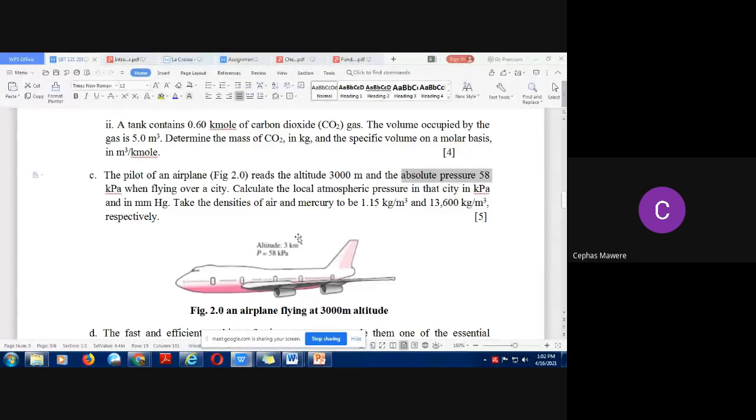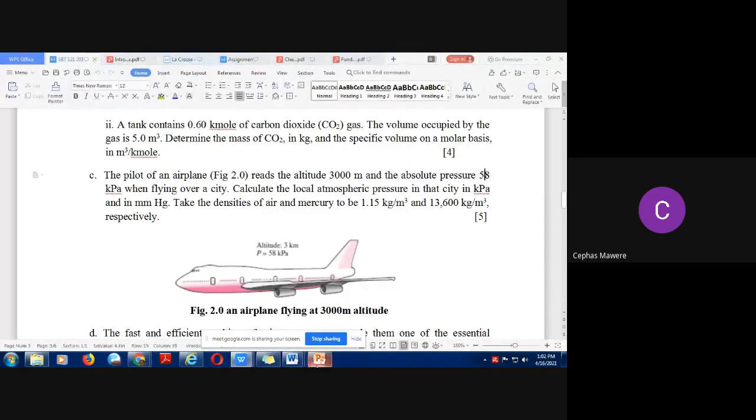So in this case, you are told that the pilot is taking a reading at 3,000 meters altitude, which is above sea level, and the absolute pressure is 58 kilopascals.